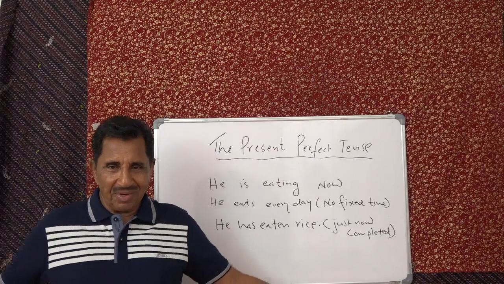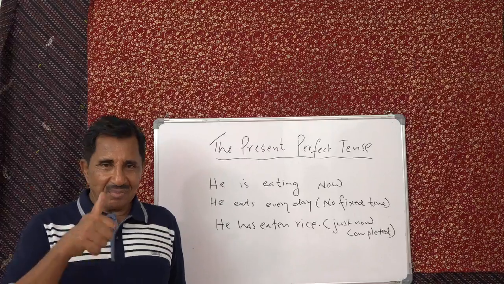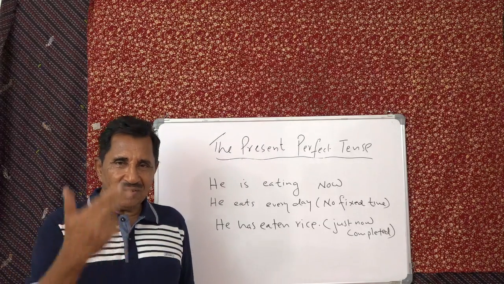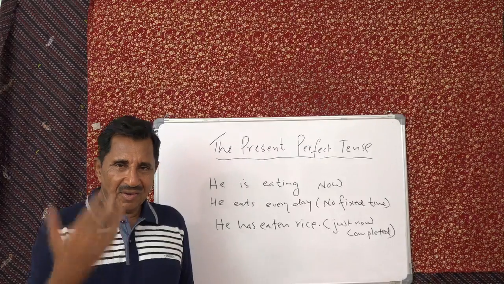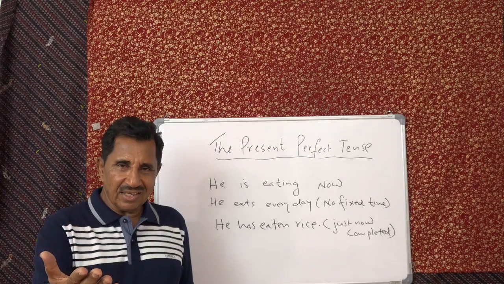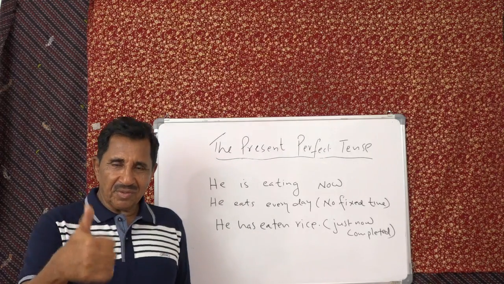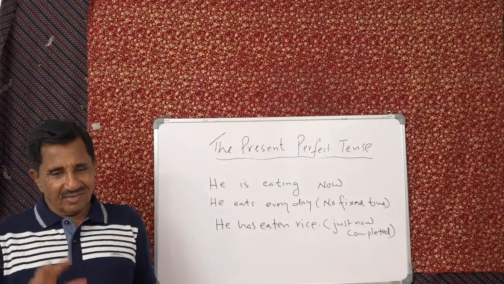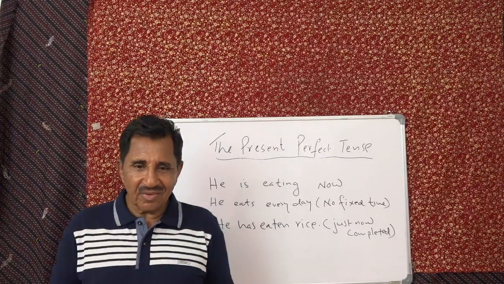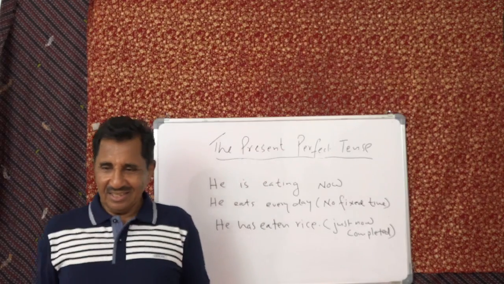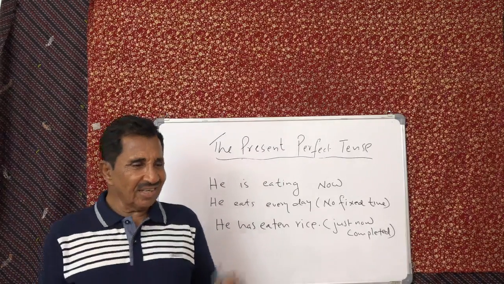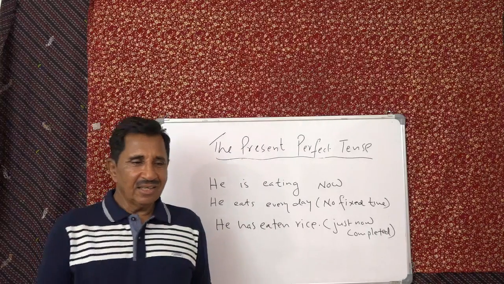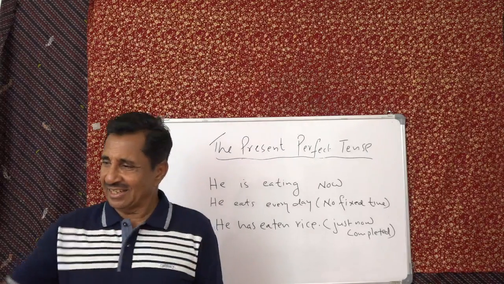There are 8 people in English: first person singular, second person singular, third person singular masculine, third person singular feminine, third person singular neutral, first person plural, second person plural, third person plural. So when you look at them, in the present tense you will say, I am, you are, you eat.